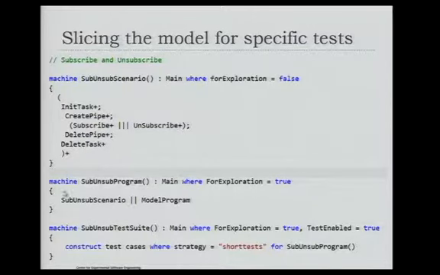I create a task like a regular expression, a bunch of tasks, a bunch of pipes. I do subscribe, unsubscribe in interleaving. This is interleaving, okay? I don't care which order subscribe and unsubscribe are called. And then I end up with deleting the pipe, deleting the task, and I repeat. So I define a specific constraint of how my state space should look like in the end.